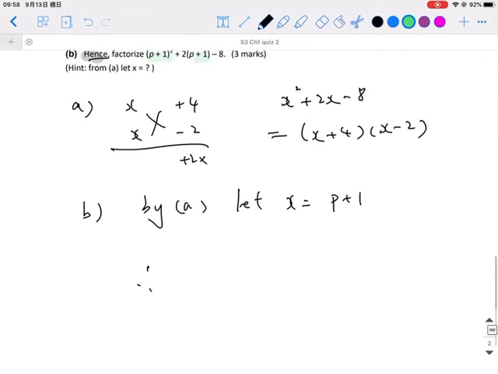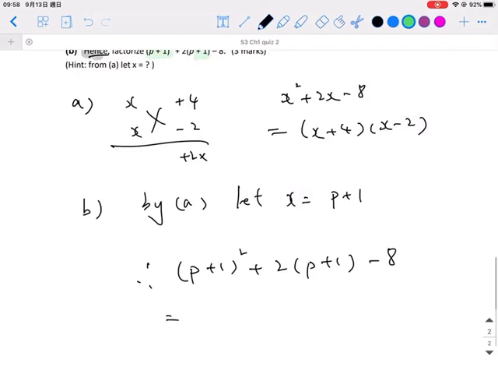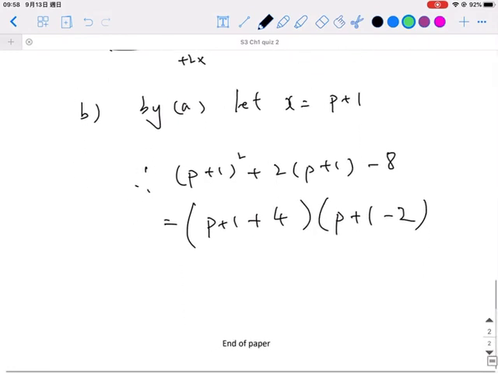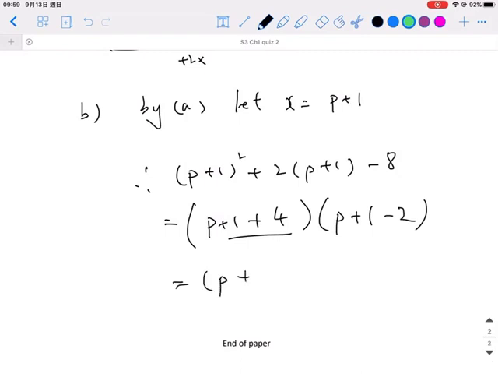So the bracket p plus 1 squared plus 2 times p plus 1 minus 8 equals, just substitute x equal to p plus 1, and then don't forget to write down plus 4 and p plus 1 minus 2. Some students will stop here and leave the answer, but remember, you need to add together 1 and 4, so that means p plus 5 and p minus 1.